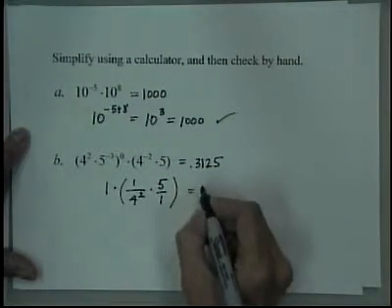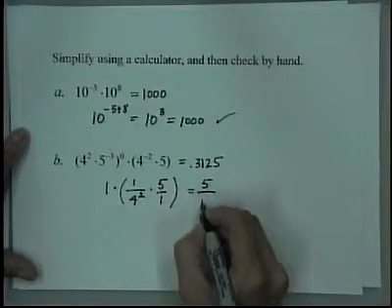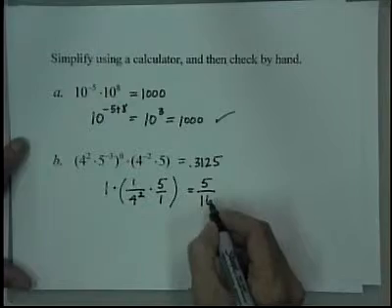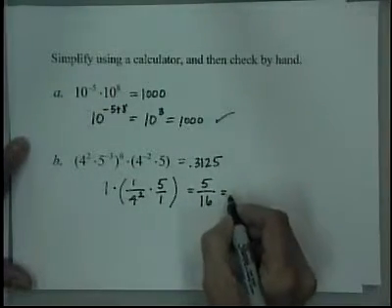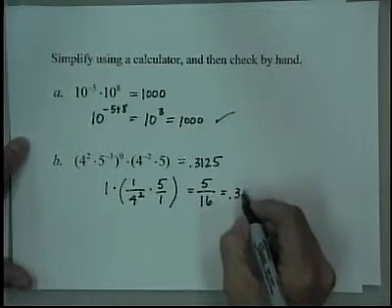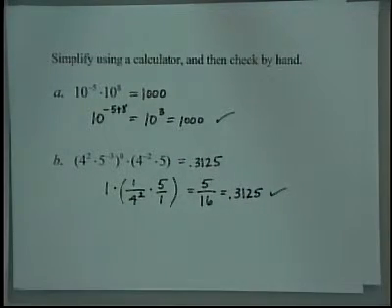Multiplying the numerators here, I get 5 over 4 squared times 1, which is 16. Well, is 5/16 0.3125? If you grab your calculator and do 5 divided by 16, you'll find that it is exactly 0.3125. And that confirms what we got with our calculator.